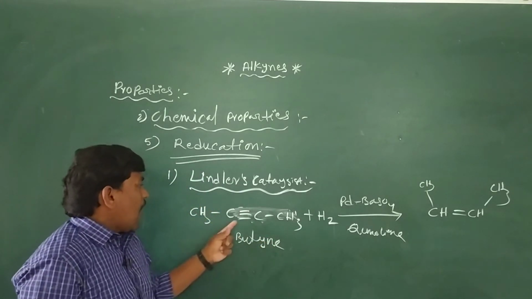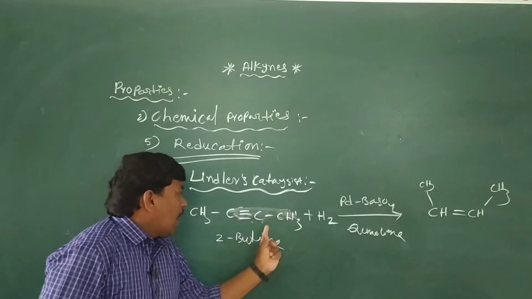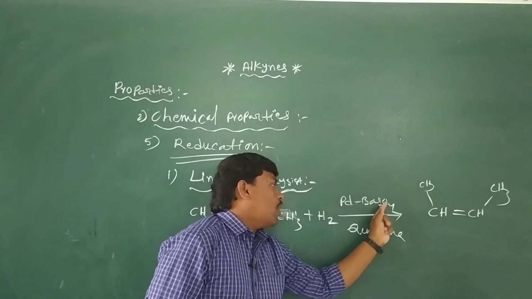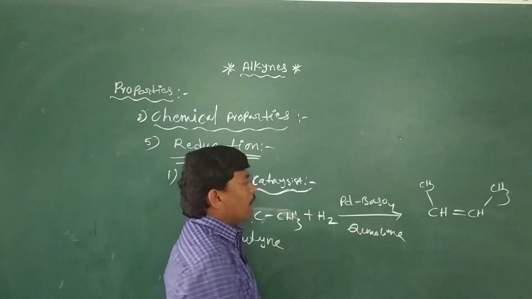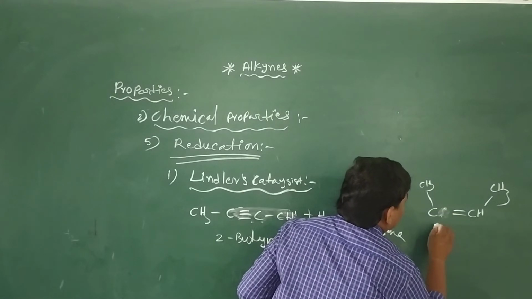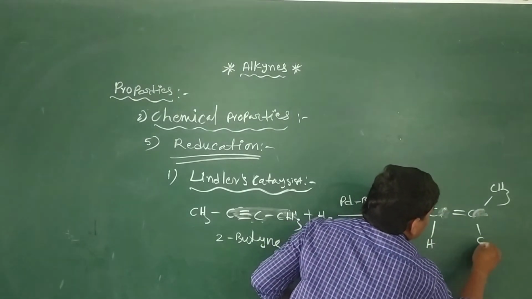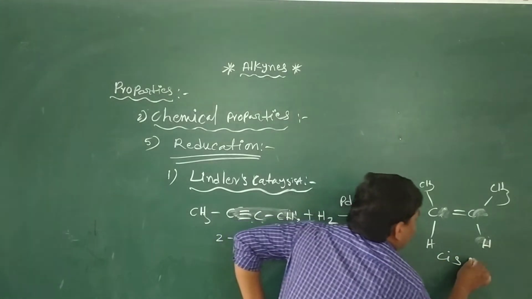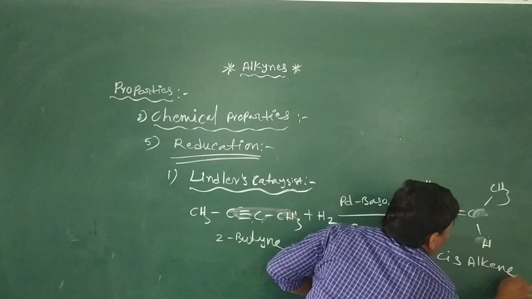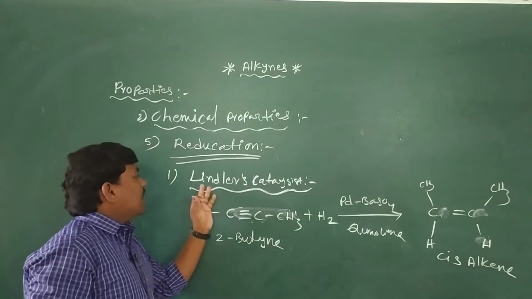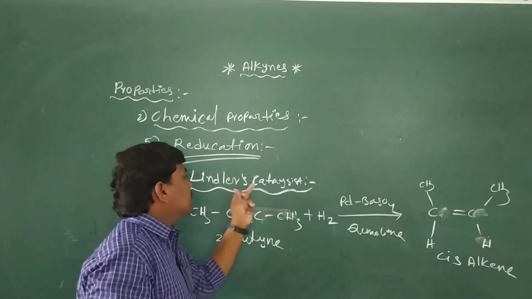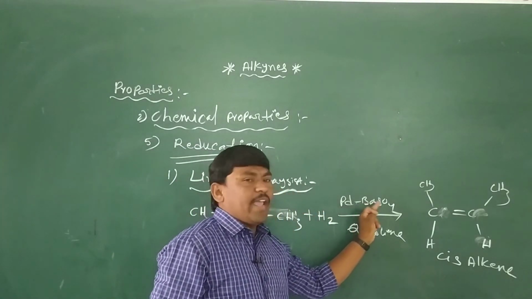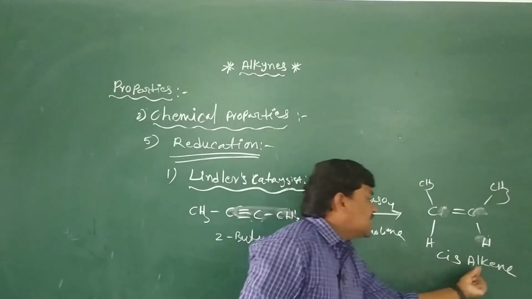The compound is an alkyne. So alkyne reduction with Pd/BaSO4 or quinoline forms cis alkenes. So what is Lindlar's catalyst? Lindlar's catalyst means quinoline in the presence of lead and BaSO4 to form cis alkenes.